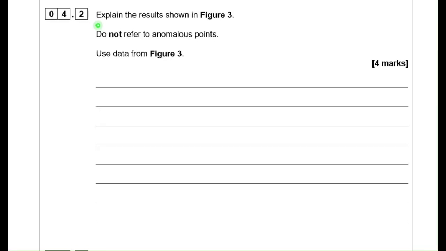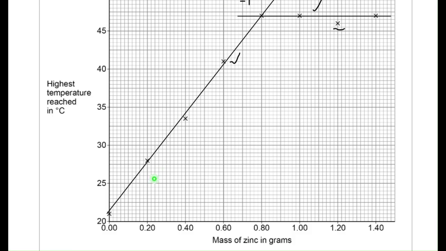So, 4.2, explain the results shown in figure 3. Do not refer to anomalous points. Use the data from figure 3, and this is for 4 marks. So, let's look at the first line of best fit. We can see it's a straight line. It's rising steeply from left to right.